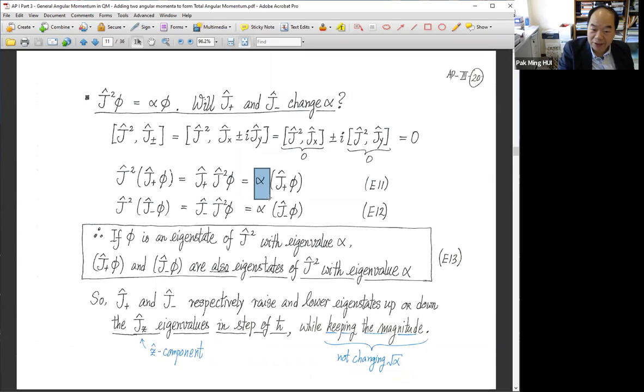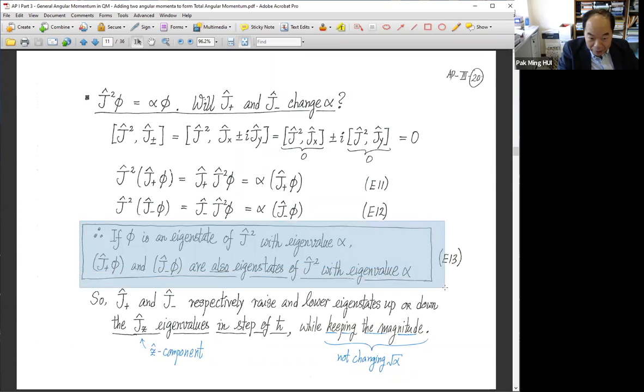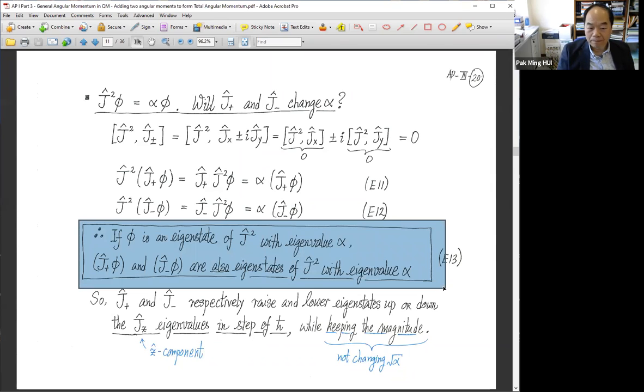Alpha will stay the same, okay? Similarly for J minus, okay? So conclusion, another summary, this box. J plus J minus will create different eigenstates for Jz, but it will not change the length of the state. So alpha will stay the same, okay?